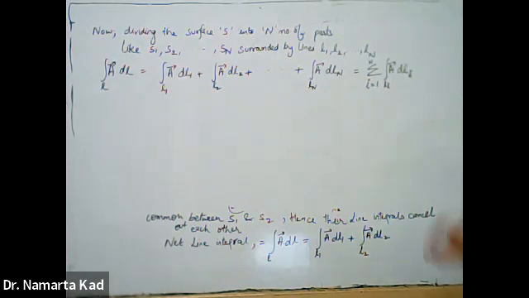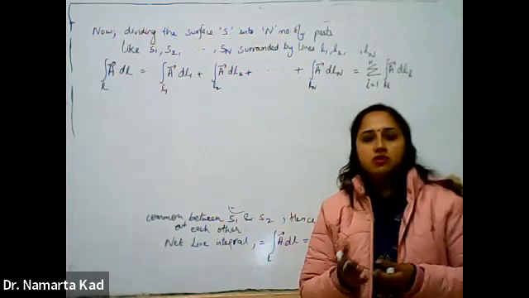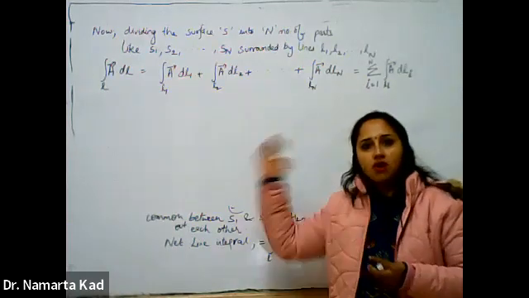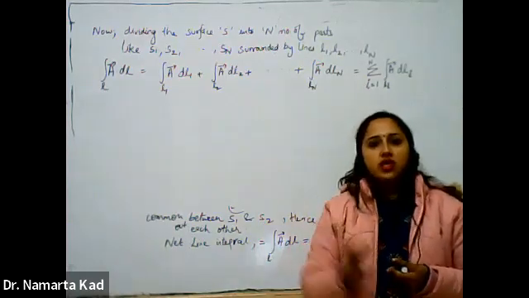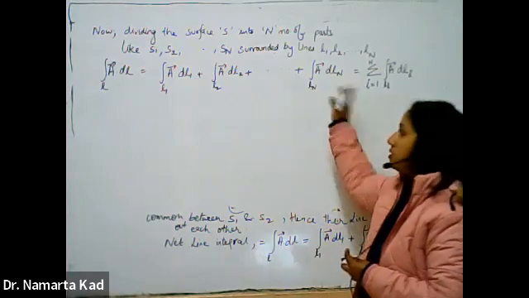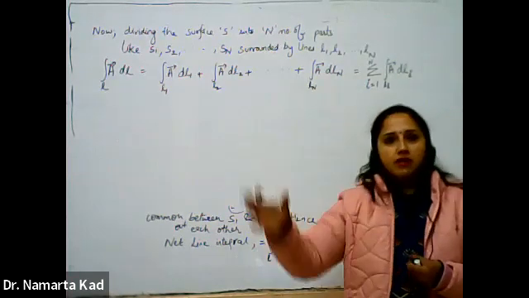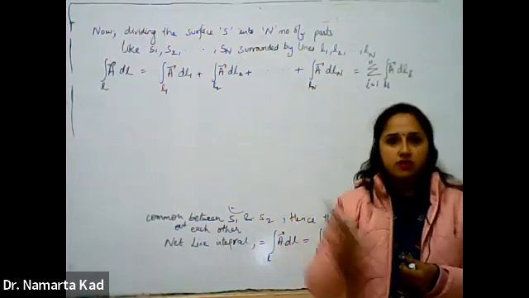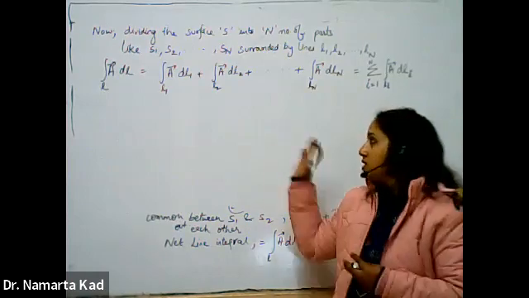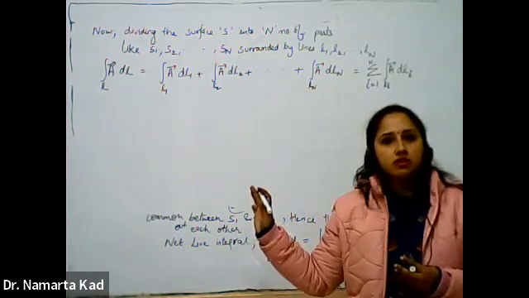Okay, now proceeding with the same step. What after this in the Gauss divergence? There we multiply and divide by the volume in the Gauss divergence theorem. But here, instead of volume, we are using the surface.